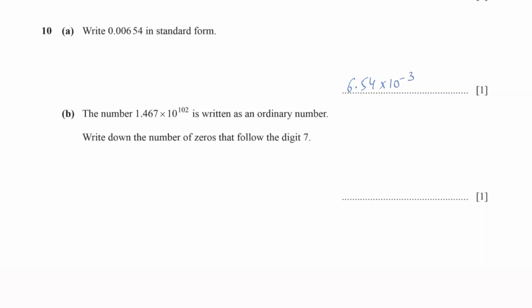Actually, you can also do it without using a calculator. That is 0.00654. So what is happening? This decimal needs to be shifted towards the right side, right? Because standard form means after one digit, after one number, we need a decimal. So this is only possible after 6, the first non-zero number. So this decimal jumps 1, 2, and 3 digits.